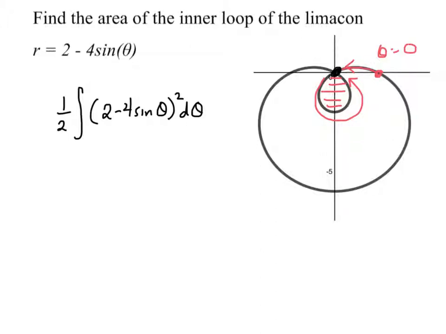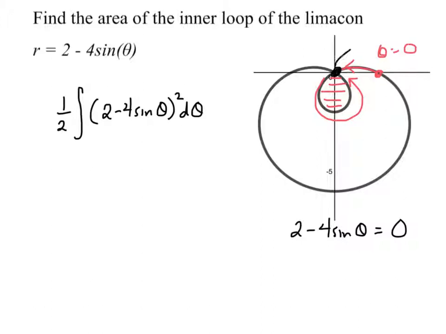So how I might do that is I might set my equation equal to 0. And the reason I'm choosing to do that is because r, remember, is my distance from the origin, and at the spot where the dimpled line, where the inner loop begins and ends, r is equal to 0.